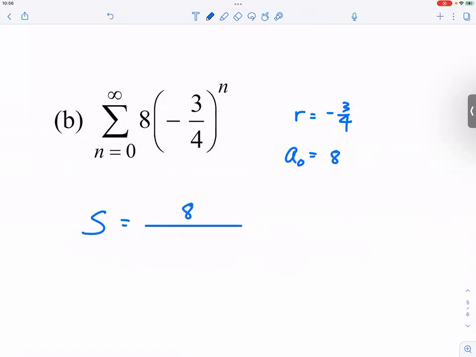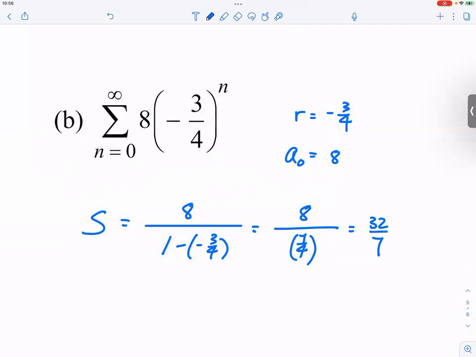Well, A0 is 8, and then 1 minus negative 3/4, which is not 1/4 now. In this case, it will be 7/4. So what's happening here is that you would do 8 times 4, which is 32, divided by 7. So your sum is now a little bit less.